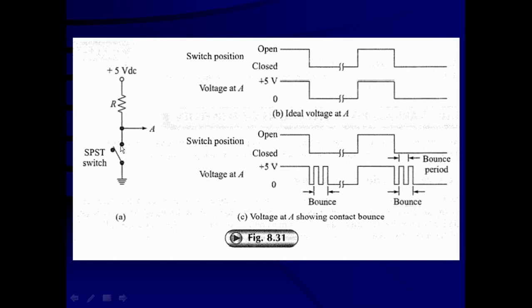So this arm is going to make and break contact with this arm. When the switch goes from open to close, it bounces with this contact. That means it makes and breaks contact like this. When it makes the contact, the voltage at point A is going to be 0, and when it breaks the contact, the potential at A is going to be plus 5 volt.